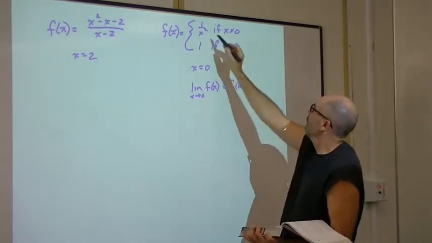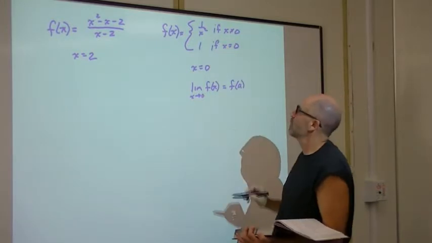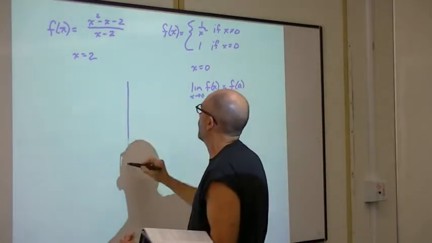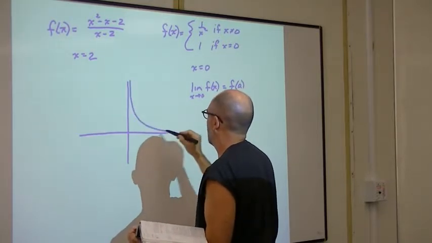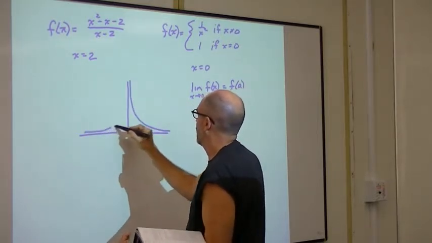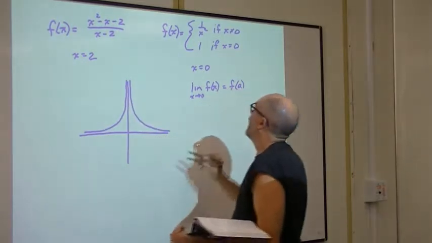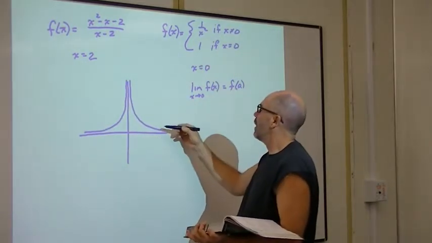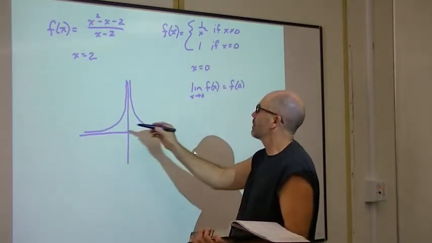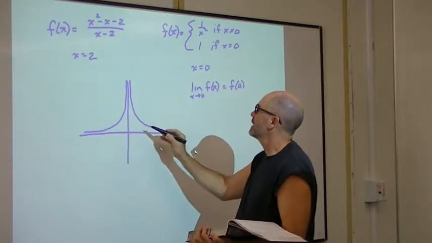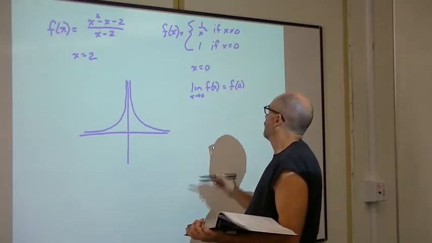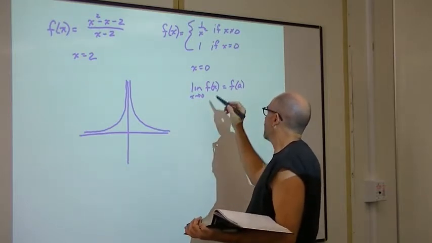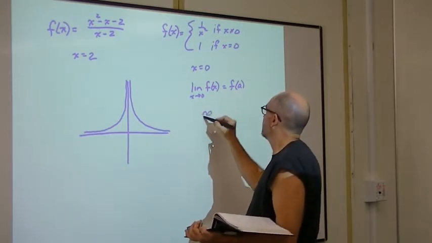As I approach 0, let's just look at this graph, 1 over x squared. As I make x a smaller and smaller number, both from the left and the right, the limit is going to equal infinity. So basically, the limit as x approaches 0 of f of x equals infinity.